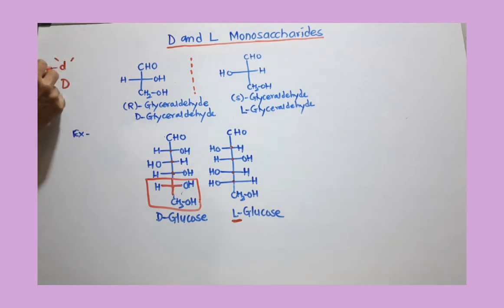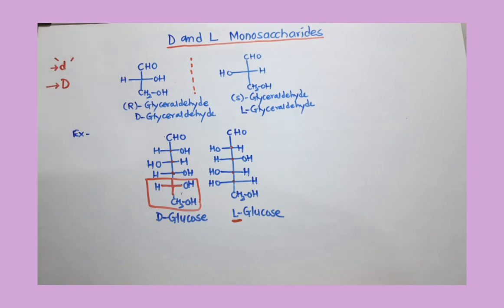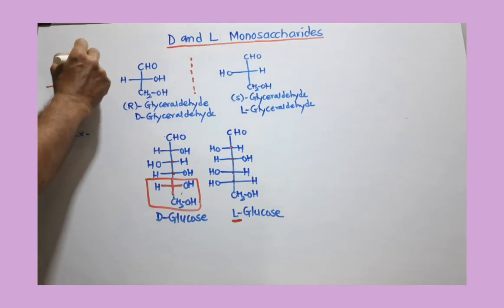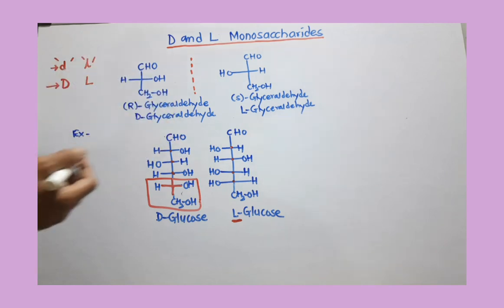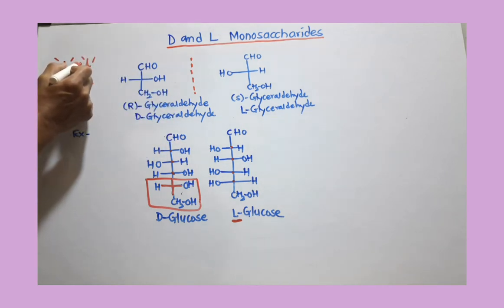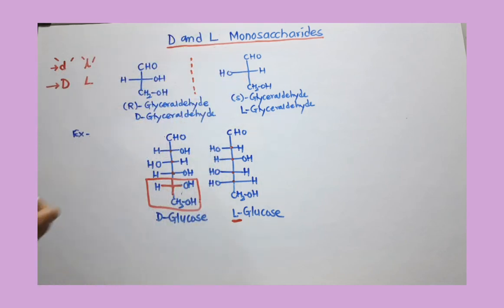This d means dextrorotatory, and this D shows the configuration at the chiral carbon which is away from the carbonyl group. Similarly, this l means levorotatory, and this L means the configuration which is like L glyceraldehyde.